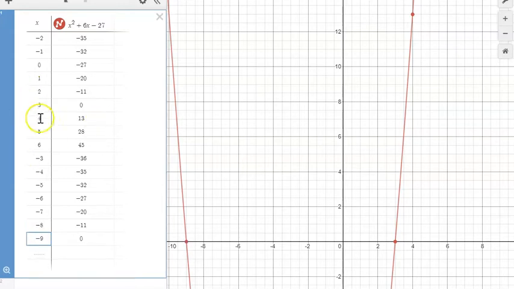So notice I have 2. I have 3, and I have -9. So my answer for this question is going to be x equals 3, x equals -9.